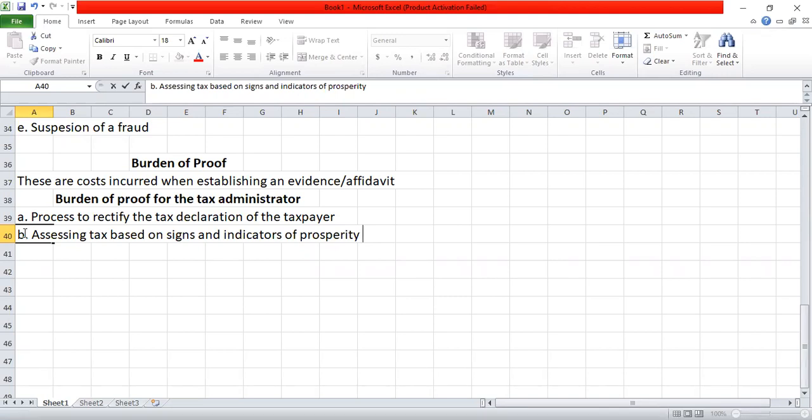Assessing the tax based on signs and indicators of prosperity. What we mean here is that the tax administrators have the power to assess tax based on signs and indicators of prosperity. So the burden of providing that economic evidence of prosperity also lies with the tax administrator.